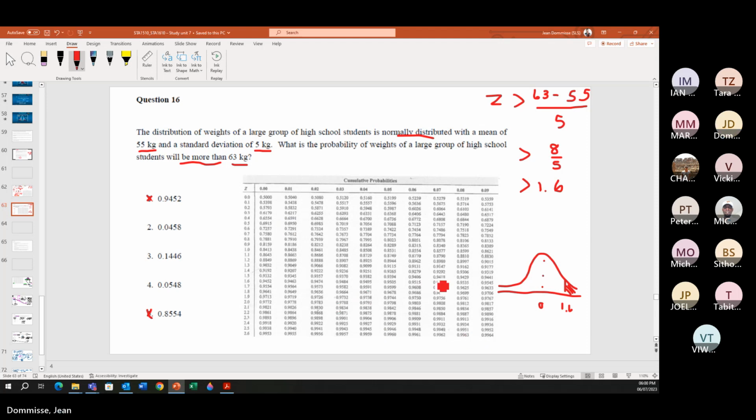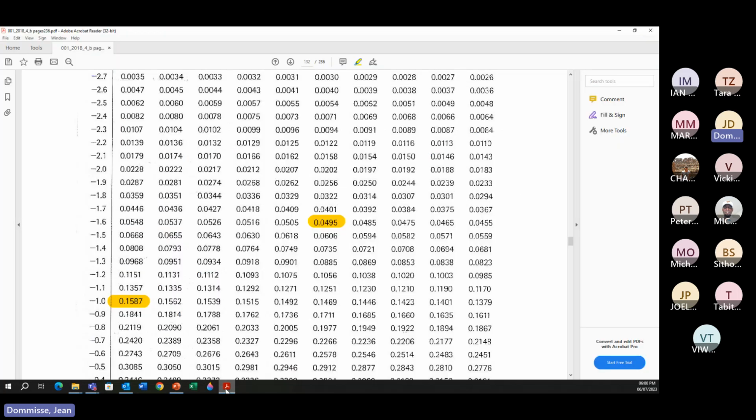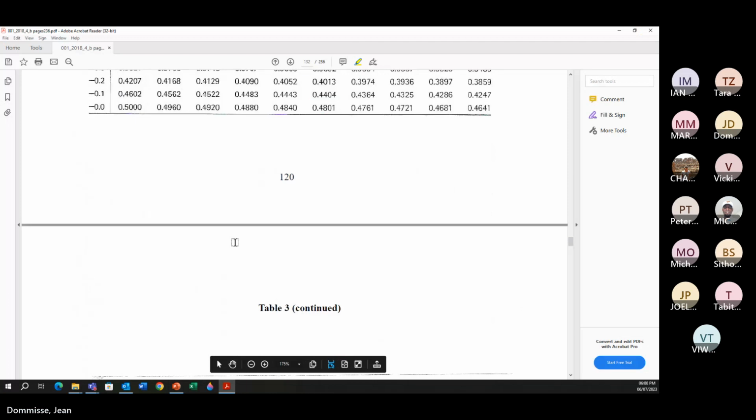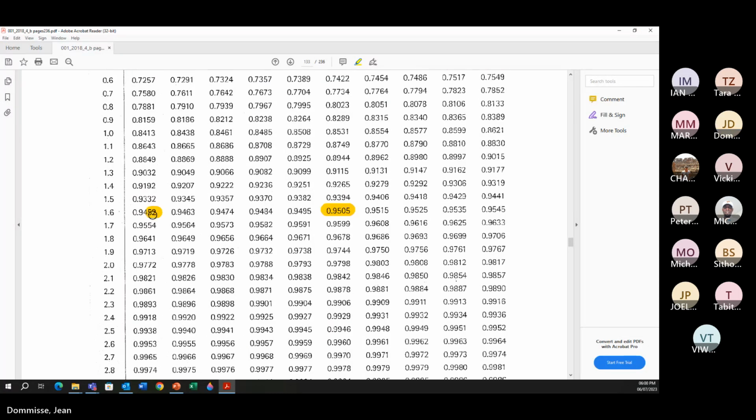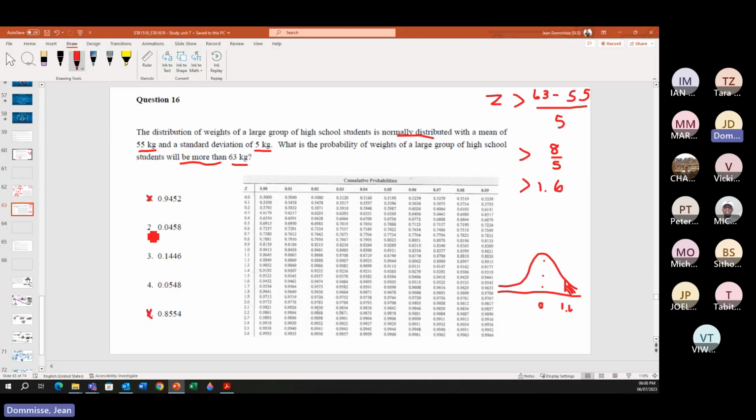So firstly, if we go to the positive table, we go to 1.6. We get 0.9452, which was that option, but we need to say 1 minus it. That is wrong, I must do my calculation right.